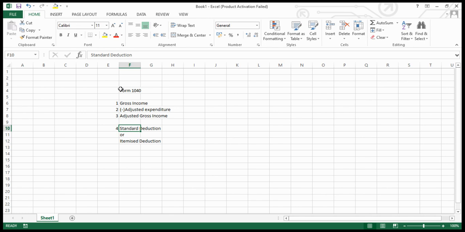Out of the adjusted gross income, we can make a standard deduction, and after deductions we will be getting net taxable income. In India, we can get some deductions based on age criteria. If it is a senior citizen, they get a standard deduction amount that is more. Similarly, here we can also take the standard deduction.